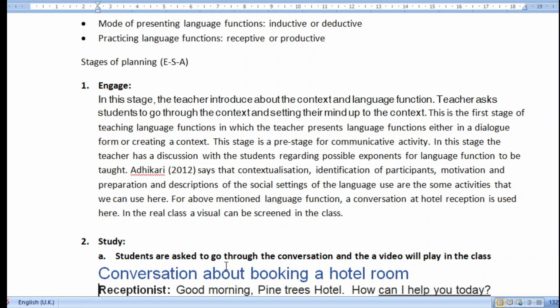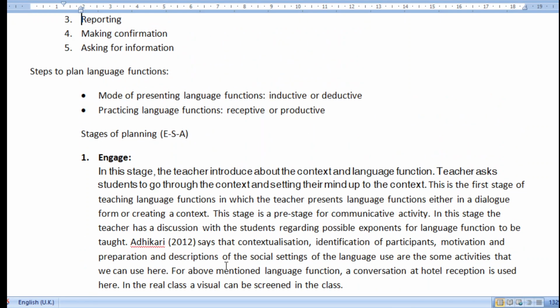It says contextualization, that means you are forming the context, identification of participants who are going to participate, motivation, you have to motivate your students, and preparation and description of social settings. This social setting means the real life setting of language use. These are some activities that you can use here for the above mentioned language functions, for example a conversation at a hotel. Above mentioned means I have already mentioned the 5 language functions.